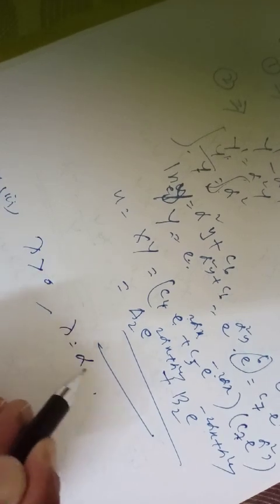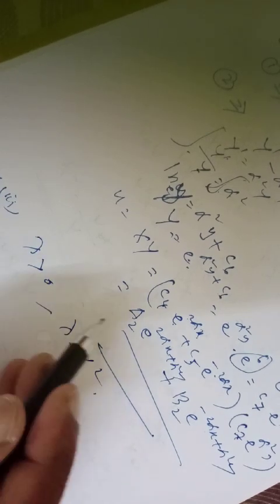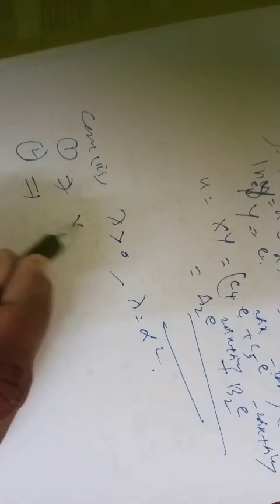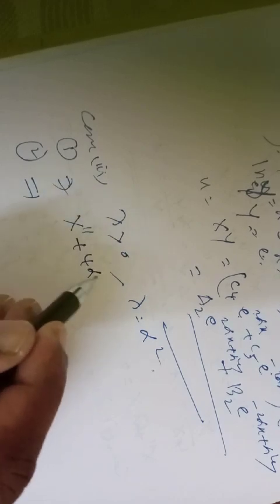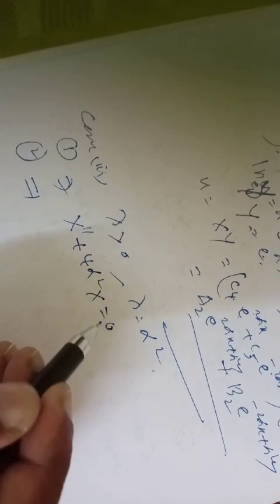And again one more case, case 3, lambda greater than 0, we take lambda is equal to alpha square. Again as in the above case, two equations are there. One changes to x double dash plus 4 alpha square x equal to 0.